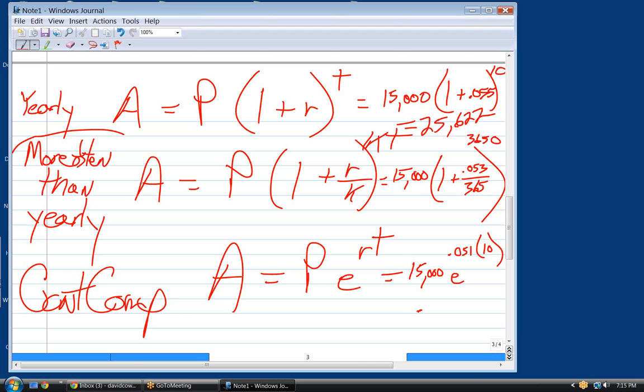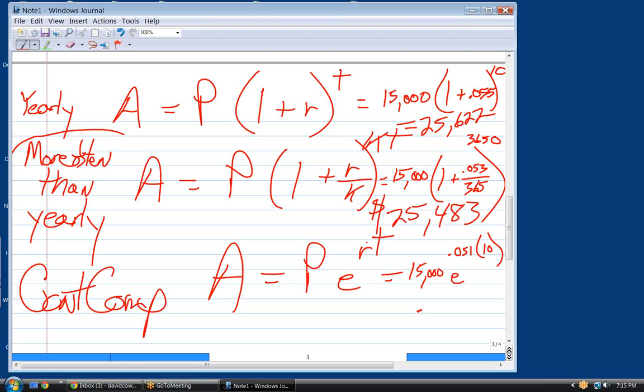On your calculator, you might have to do it in pieces. If it was me, I would do this: what's 0.053 divided by 365, add 1 to it, take that number to the power of 3650. 25,483.